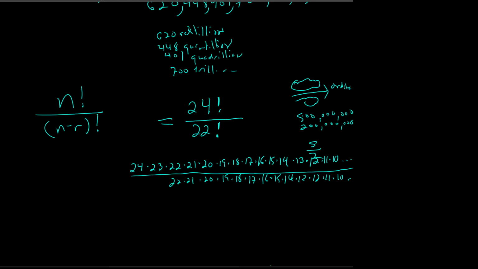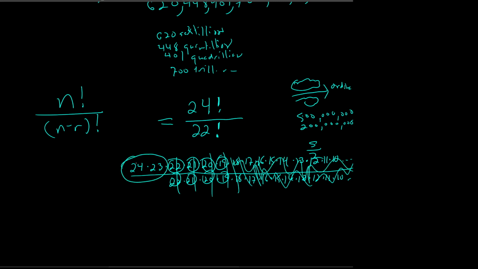And so we get this top and bottom that kind of complement each other. But notice 22 over 22, well, that's 1. 21 over 21, that's 1. 20 over 20, that's 1. 19 over 19. And all of these bits line up, leaving me only with 24 times 23 in the front. You can think of the smaller number as going away, becoming 1 downstairs, and leaving only the multiplications above it, which are 23 and 24.